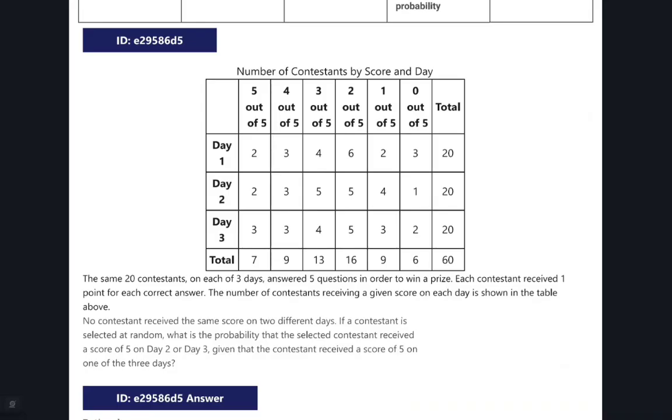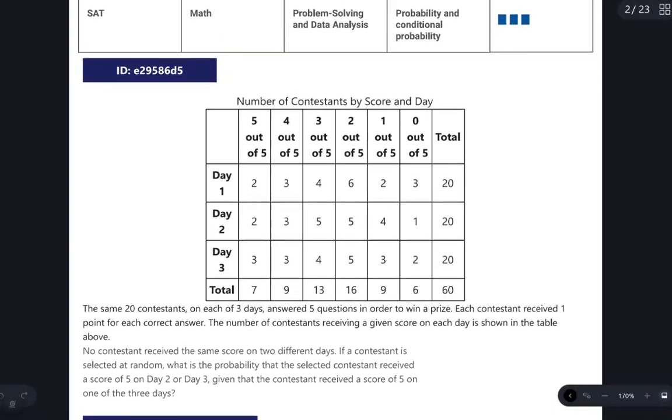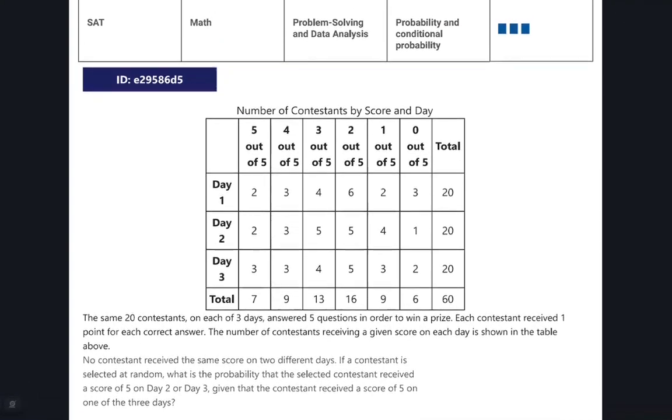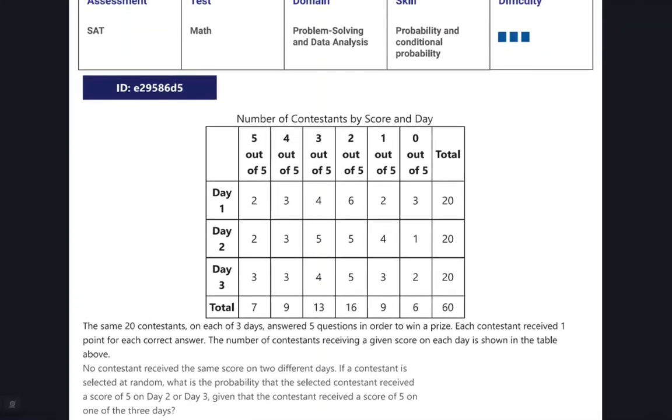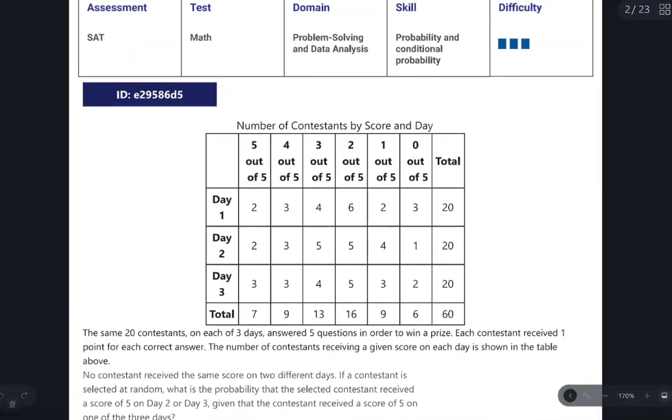Okay, so these questions are from College Board, and that's the ID for that question, and the domain is problem solving and data analysis, and the skill as provided is probability and conditional probability. Okay, and this question's difficulty is hard.